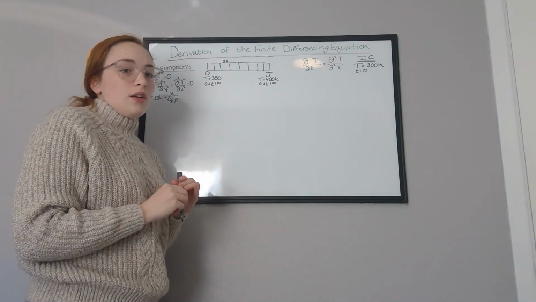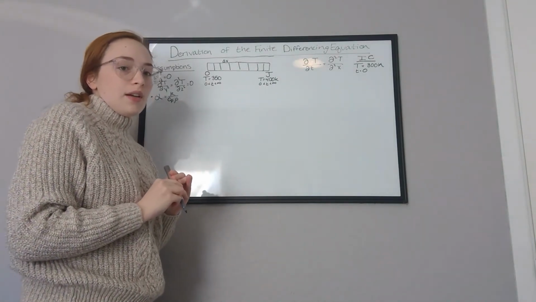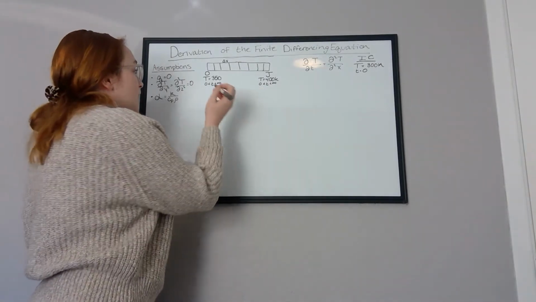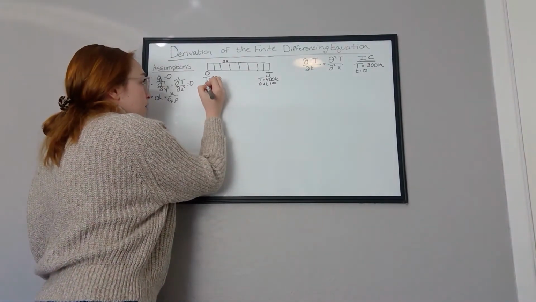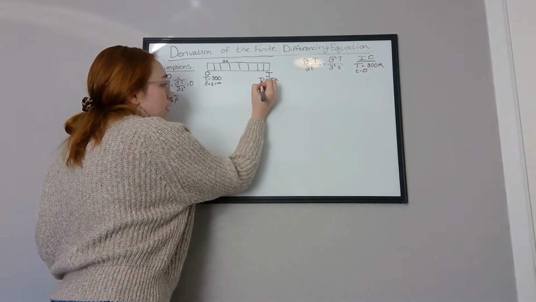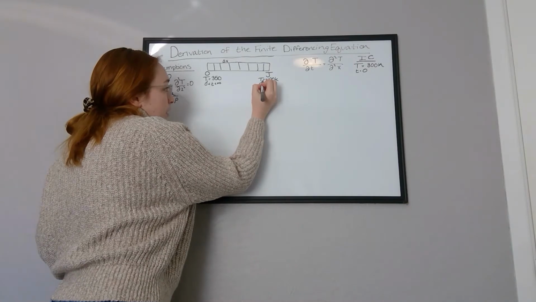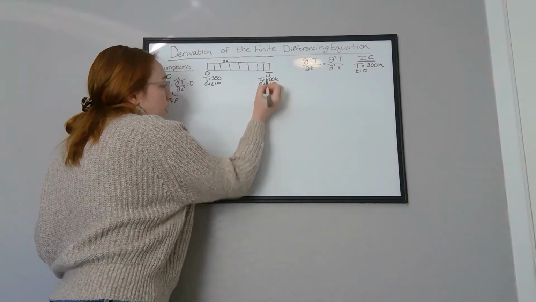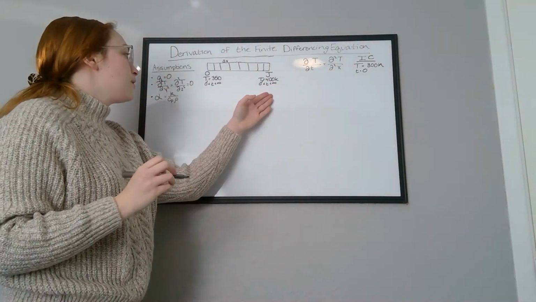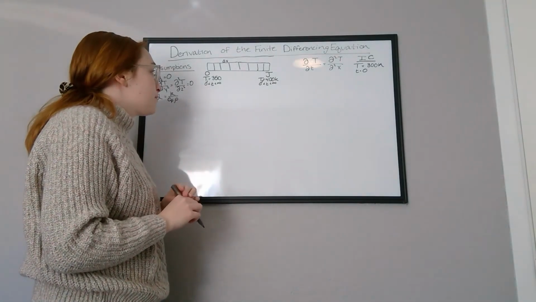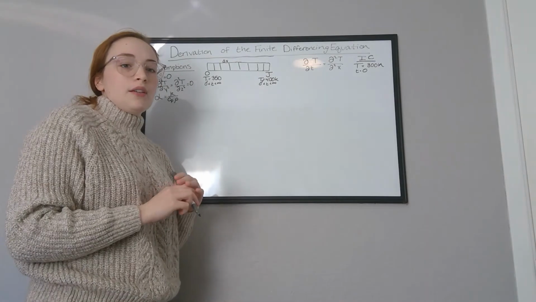So in order to do that, we have to label our positions. We're going to label this as T lowercase j and T capital J at the end of the bar.